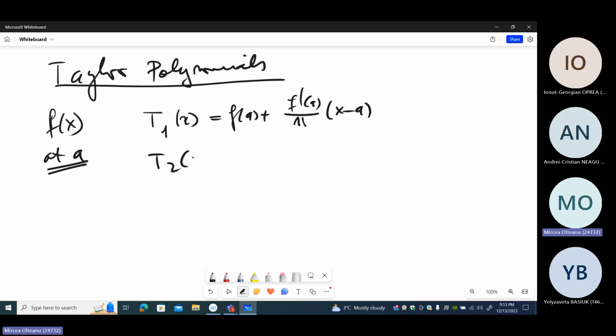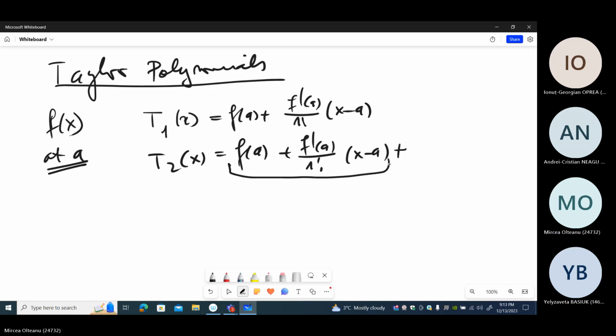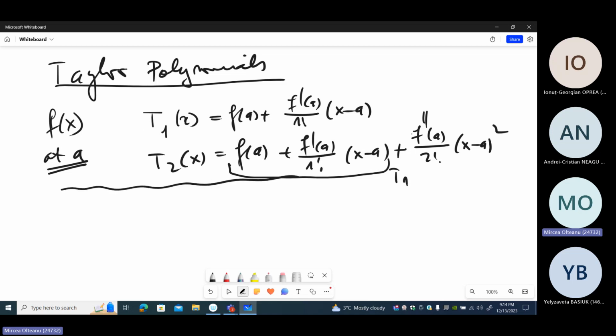While the second order Taylor polynomial is f of a plus f prime of a over 1 factorial times x minus a, and until here we have T1. And then we have another term of second degree, f second of a over 2 factorial times x minus a squared.